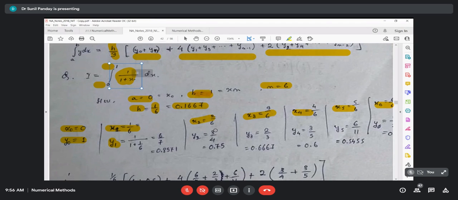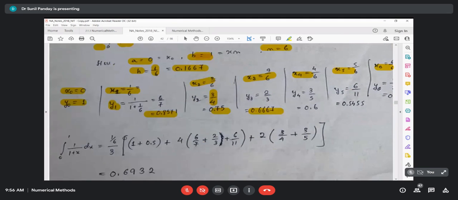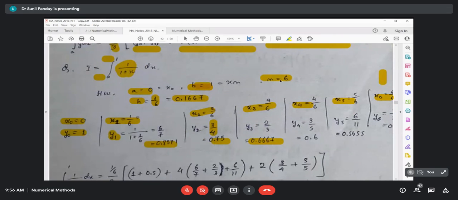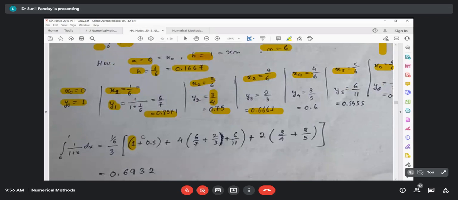So 1 upon 1 plus 2 by 6, finally 3 by 4. So their numerical values are given here, and the formula is this. Because here we have taken 6, yn is our y6. So y naught plus yn, then 4 into y1, y3, y5, and 2 into y2, y4.